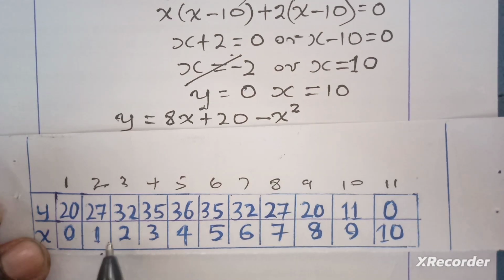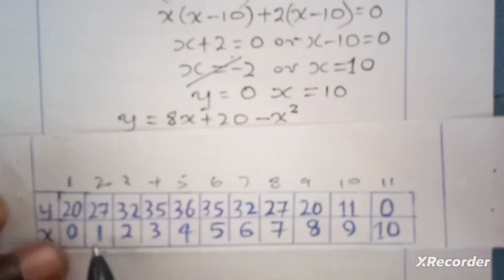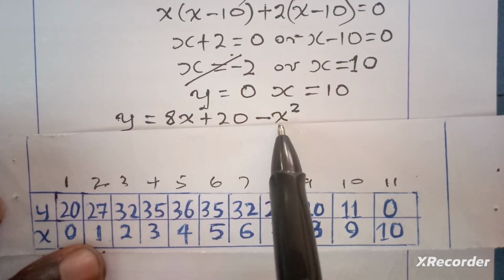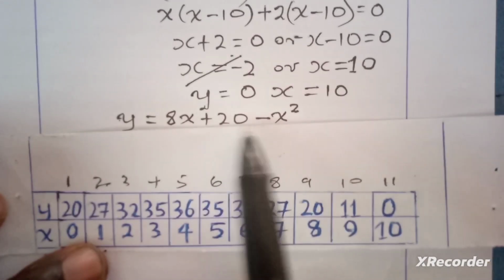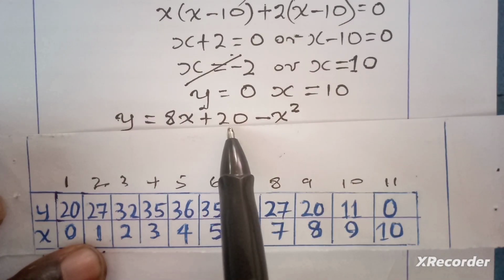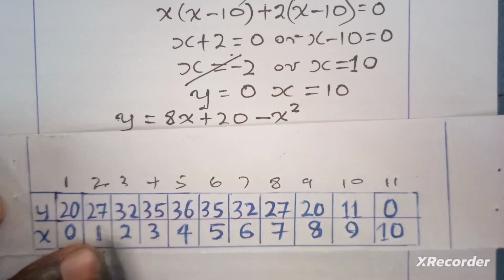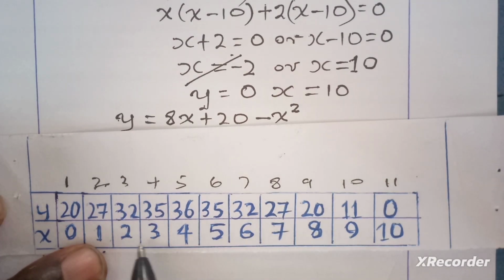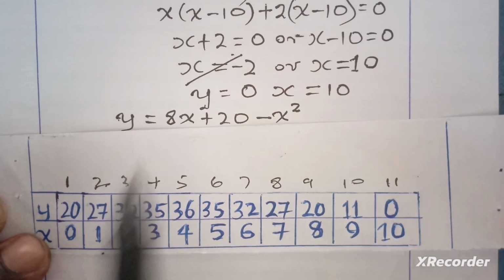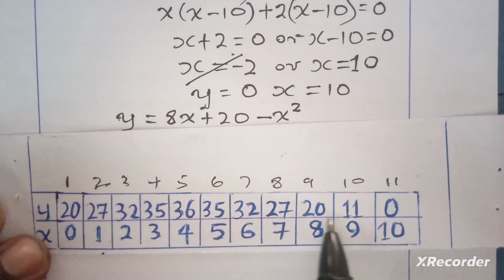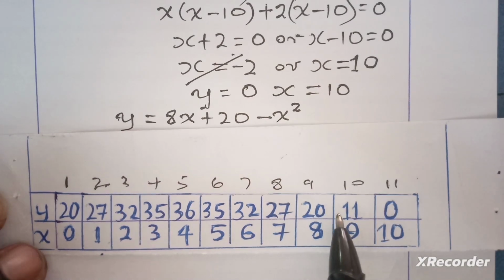When you put 1 here, it will be 8 plus 20, 28, minus 1 is 27. You go to 2, the same, and then you find your results for y, which I have already tabulated.